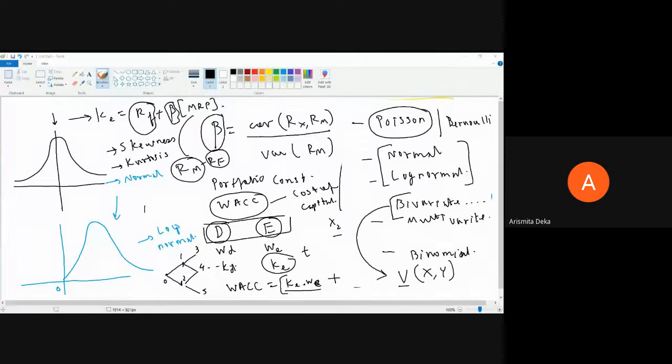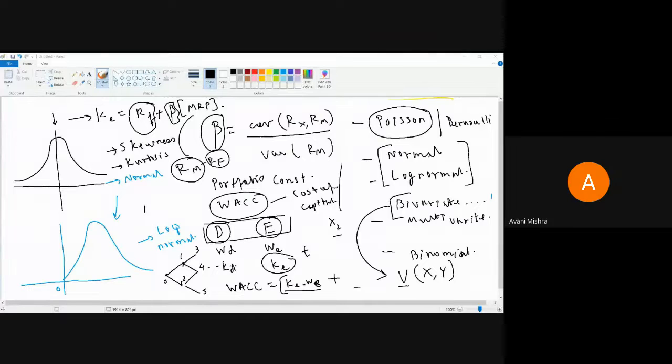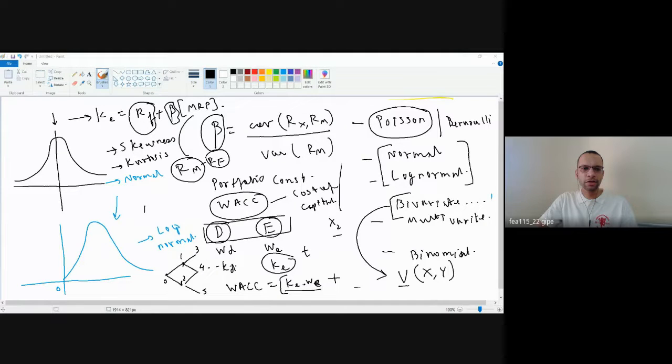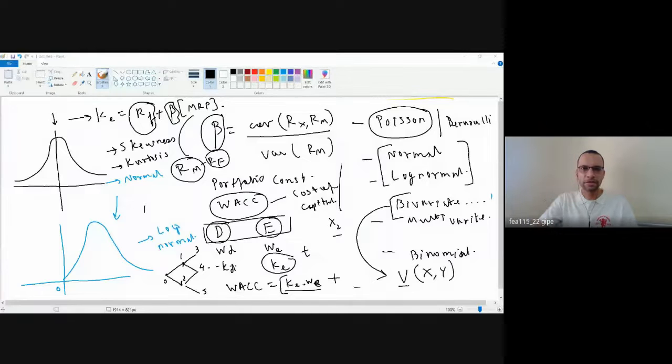Arishmita Deka. Present, sir. Avni Mishra. Present, sir. Ayushi Rotagi. Sarvesh is present. Bhavya Dan. Cherry Chhabra. Is she present? Diksha Chauhan.